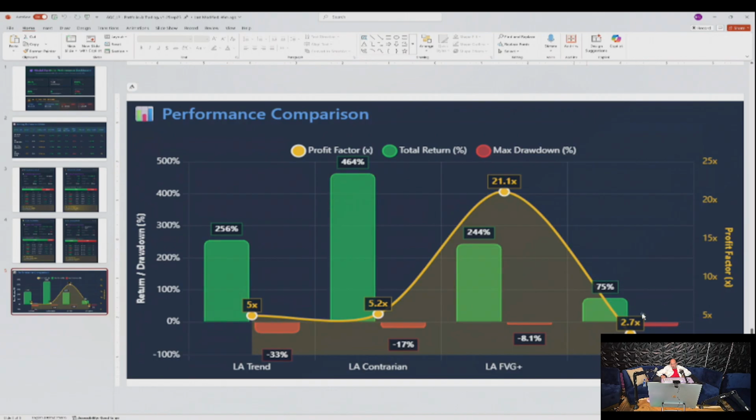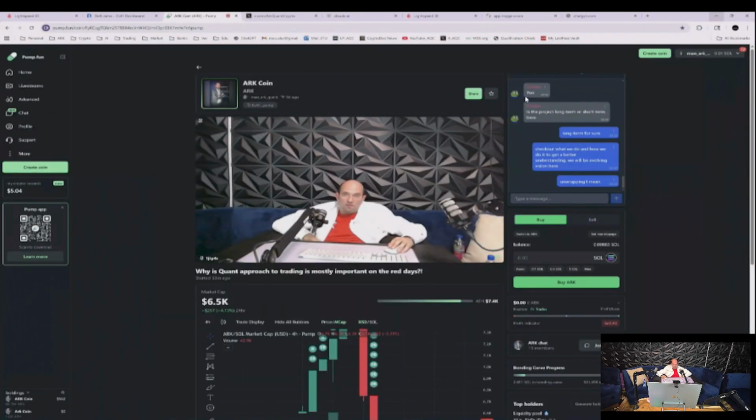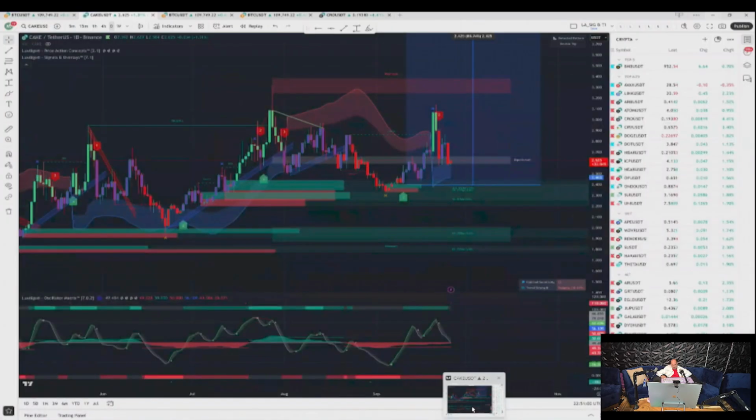Even the one that shows the worst performance is actually doing great. It's just that other strategies are doing so well that they are overperforming the worst performer, which is also a great performer in my opinion and completely in line with our expectations.